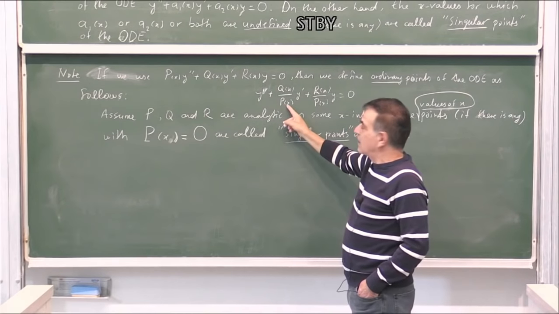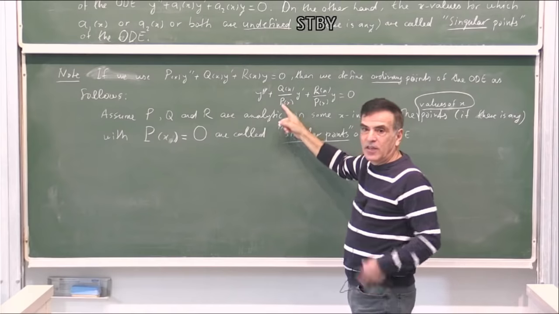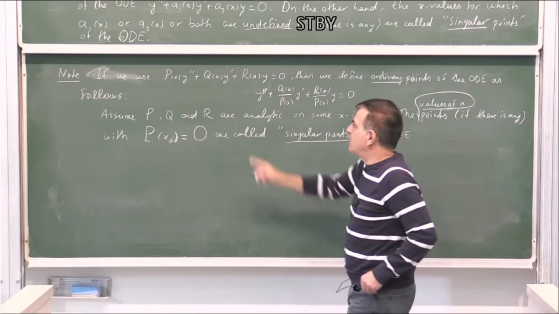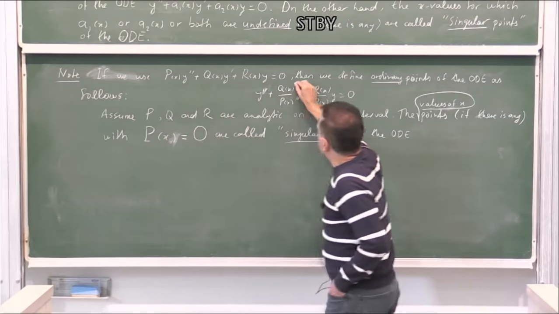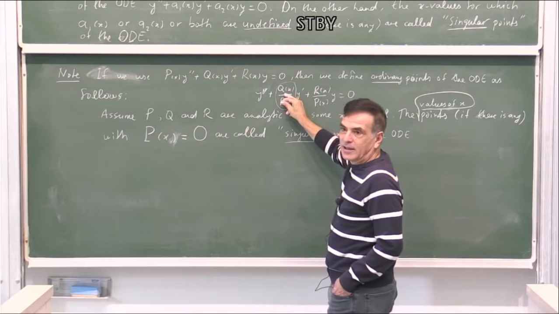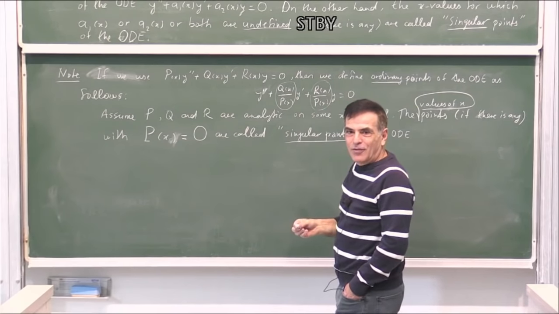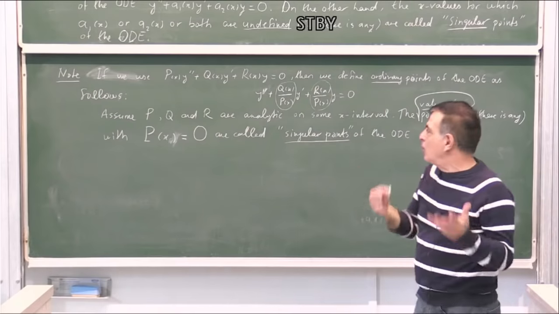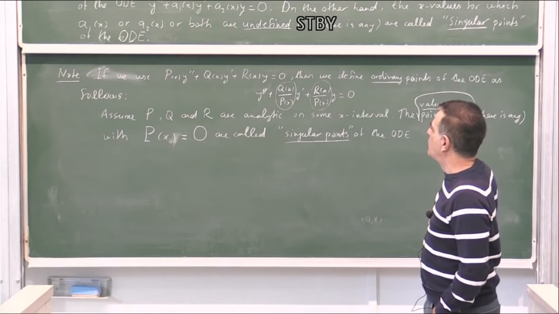Now, at the roots or zeros of P of x, if there is any, if there is any x making P of x 0, clearly this coefficient becomes undefined, and therefore implies that the value of that x is a singular point of the differential equation.